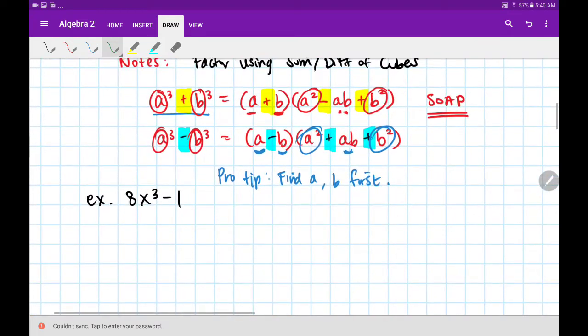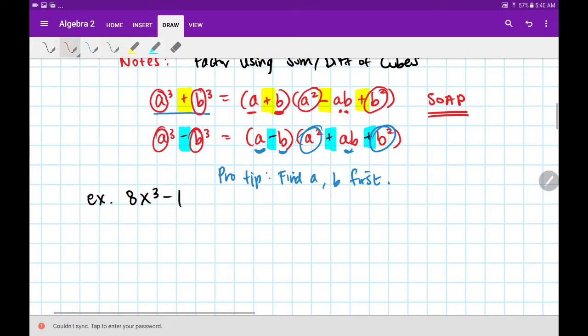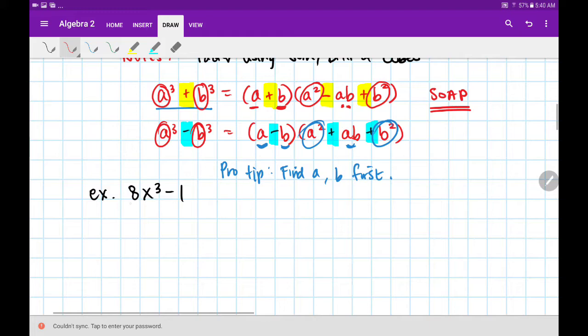Okay, so the pro tip says find A and B first. So this is how I'm going to do it. We're going to rewrite 8x cubed minus 1 as, well, this is clearly a difference, so we're going to rewrite this as a difference of cubes. We just need to figure out what cubed gives me 8x cubed, and what cubed gives me 1.